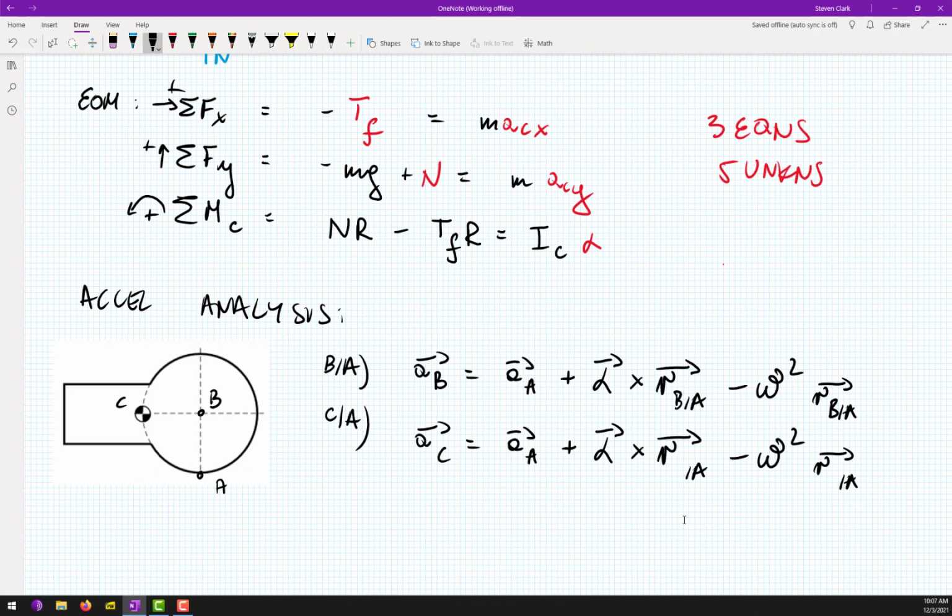So this will be C, C, and C. And by the way, system starts from rest. So we can do exactly the same thing as we did last time. So this is 0 because system starts from rest, and this is also 0.